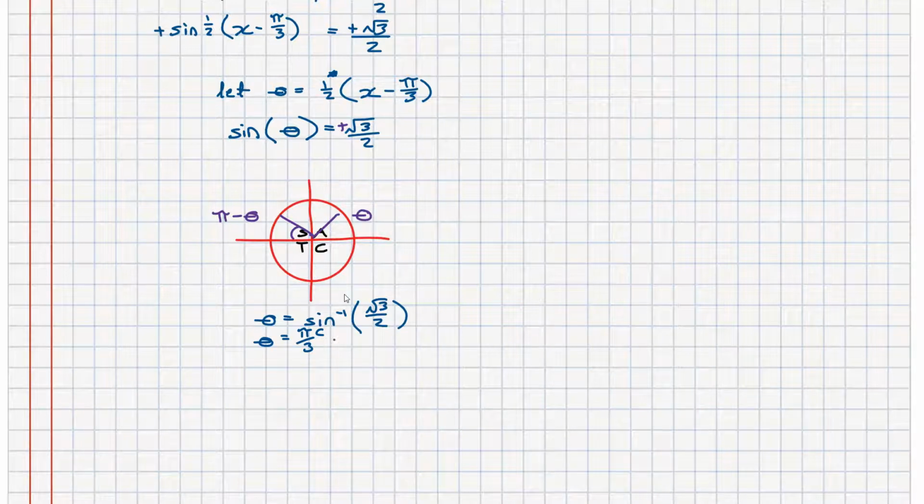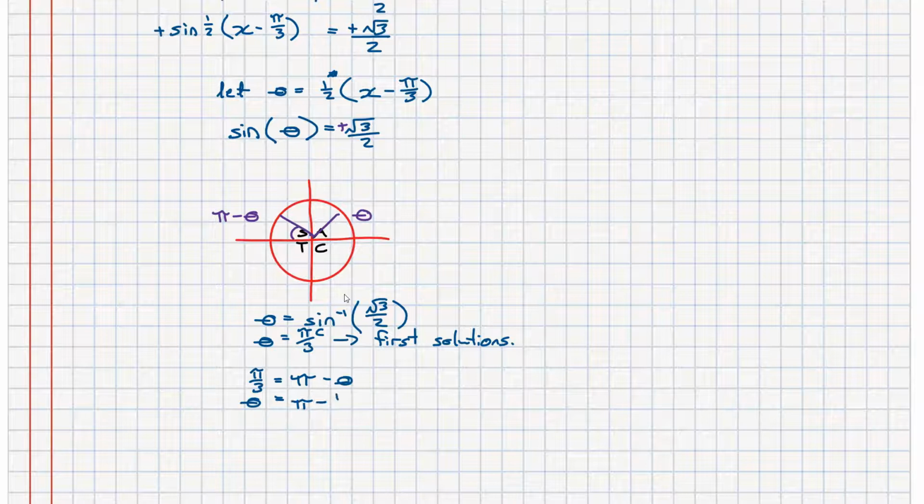And actually I should mark that as first solution, just so the marker knows that we know what we're doing. Then our second one is going to be pi on 3 equals pi minus theta, and we're after theta as always, so theta is going to be pi minus pi on 3, and that will simply equal 2 pi over 3 radians, and this will be our second solution.